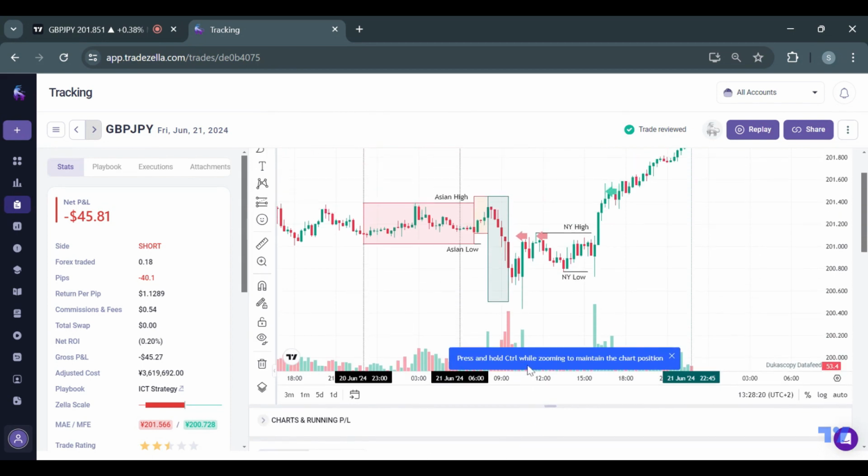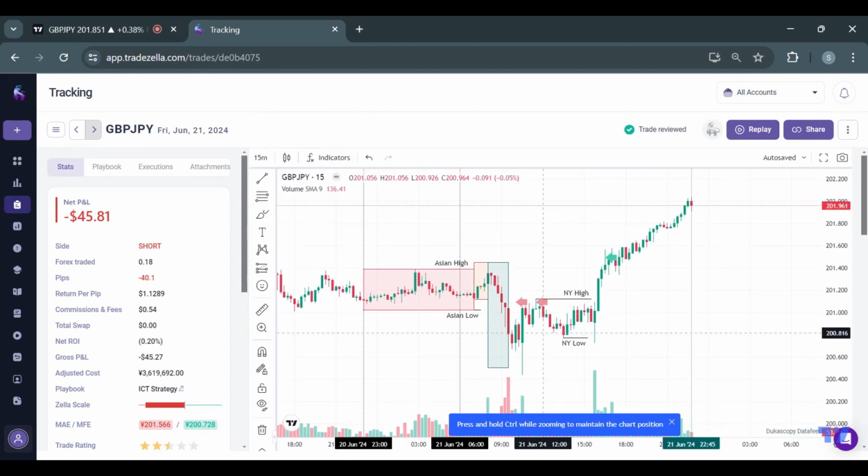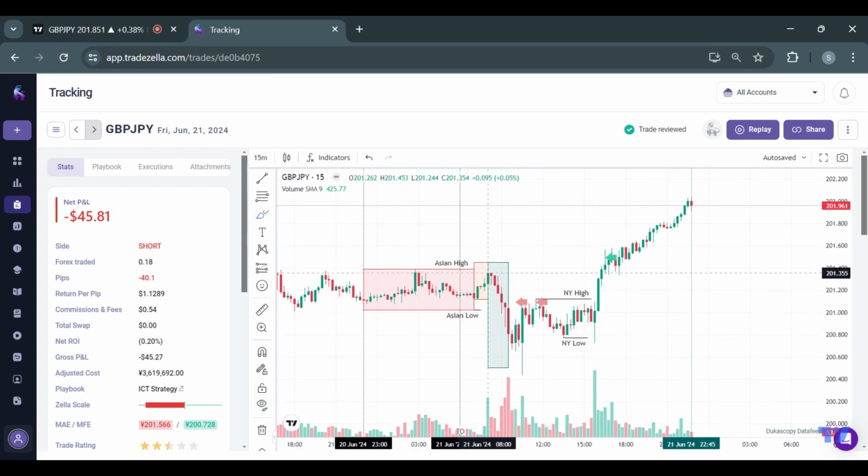coming back to the volume delivery model, what's key here is that we get a consolidation, we get an expansion, and then post expansion, it's either a retracement and then a continuation in the direction that price expanded in. So, for example, this was the expansion.